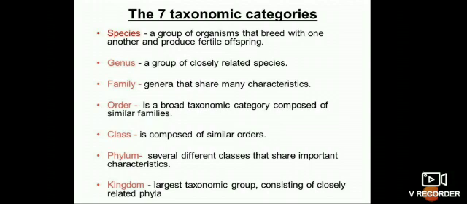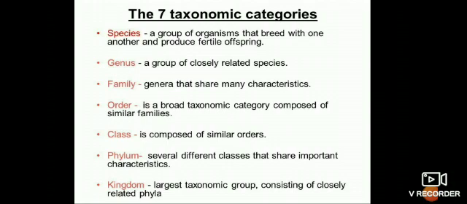So, what are the differences in these categories? We will see. Species: a group of organisms that breed with one another and produce fertile offspring. A group of individuals which have morphological and genetic similarities, and can interbreed, are grouped under one category called species.